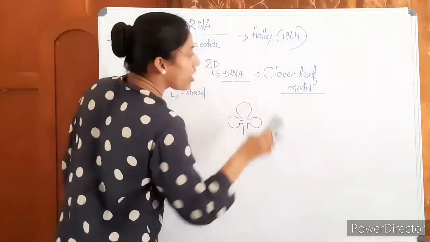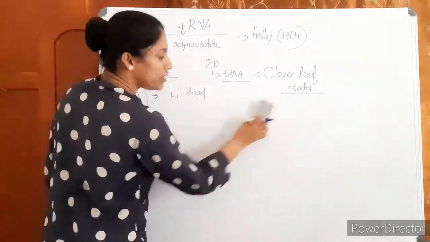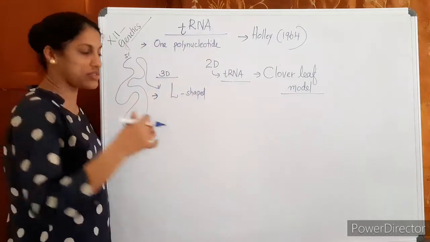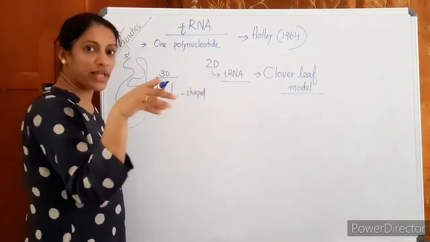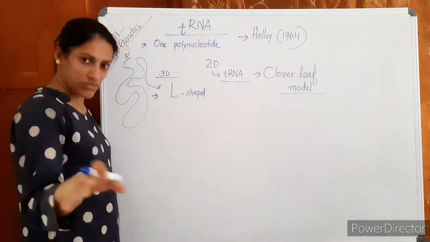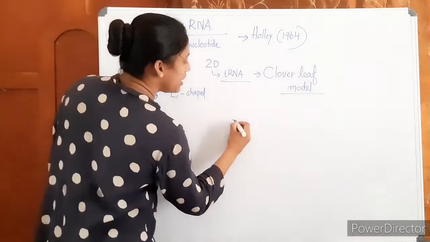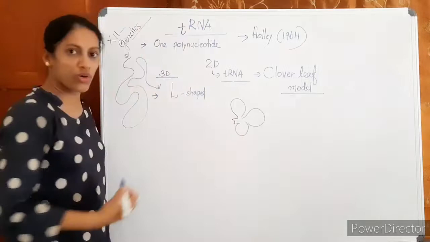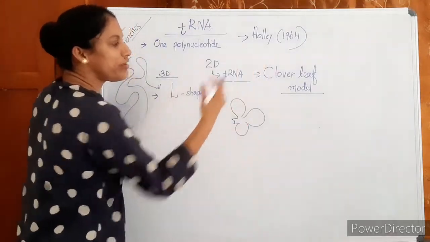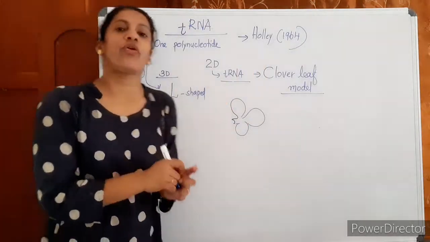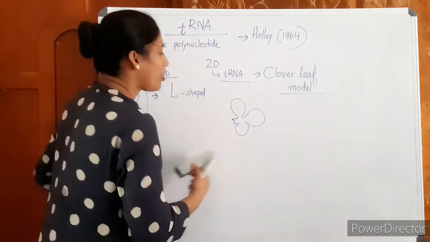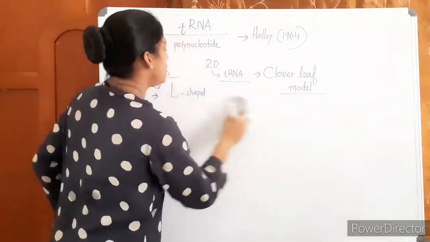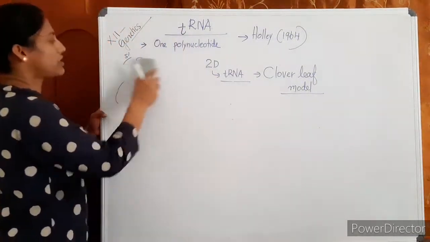Whereas a clover leaf, in a rubber plantation you can see, in between the rubber there is a pea plant, a creeper. You can see it has a leaf like this, like clover. This type of leaf model, the clover leaf model of tRNA proposed by Holley, is what we are going to discuss now.